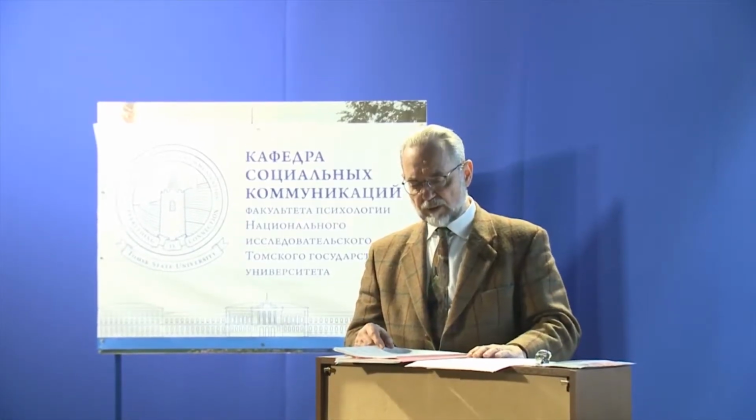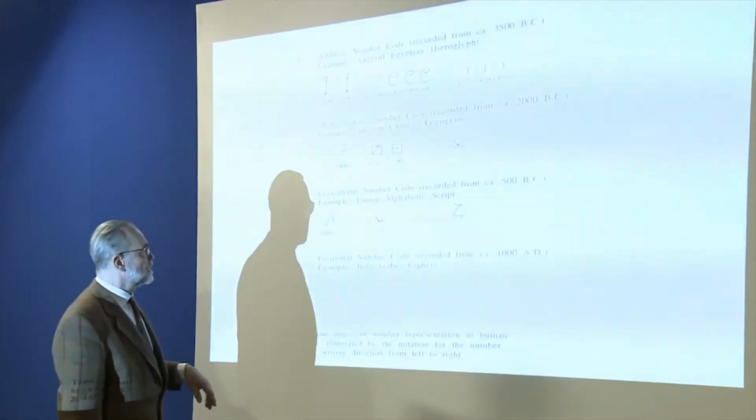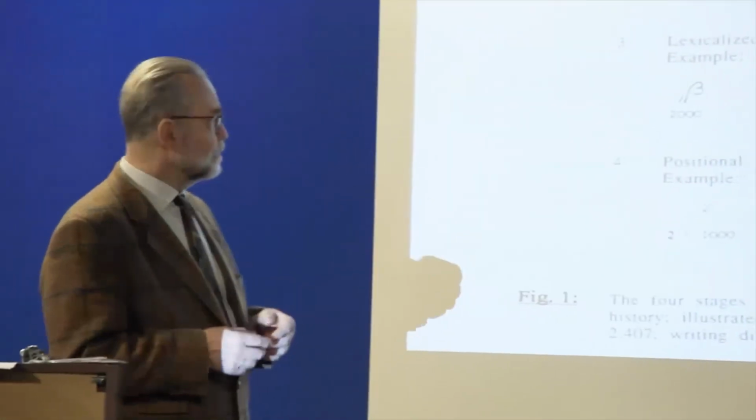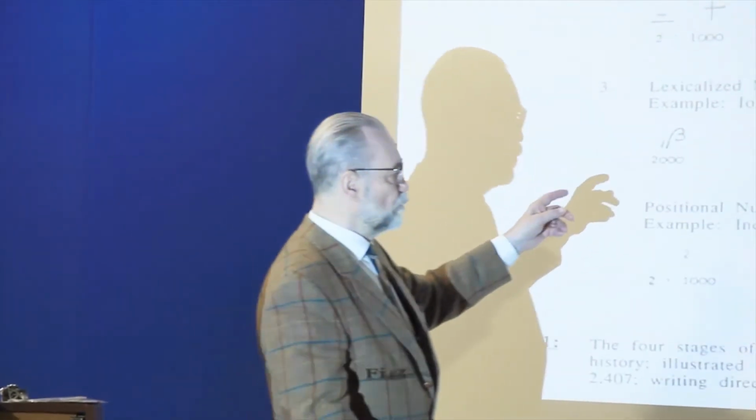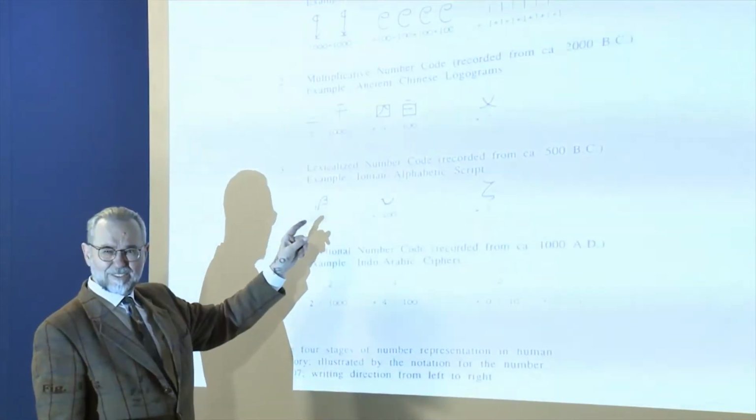The Greeks introduced their system around 500 before Christ, and their system was also connected to the Greek writing system for the Greek language, which was different from the Chinese and the Egyptians. These signs are not part of the writing system of the language, but they are part of a special system for number representations. But as you all know, that's the second letter in the Greek alphabet, alpha, beta, zeta, and so on.